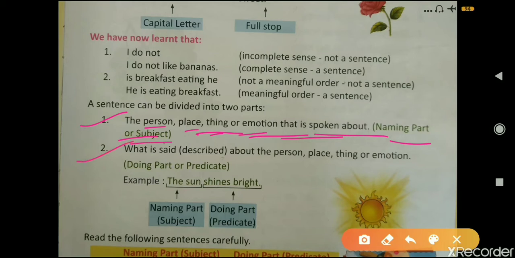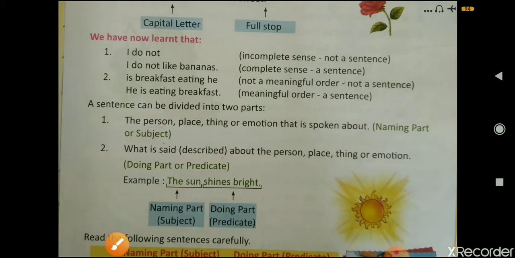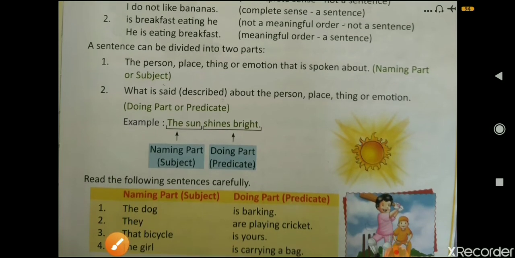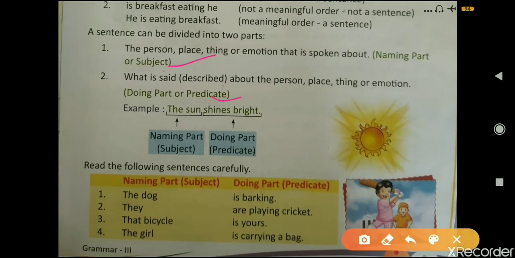The second part is what is said about that person, place, thing, or emotion. That is the doing part, and is known as predicate. So a sentence can be divided into two parts: subject and predicate.